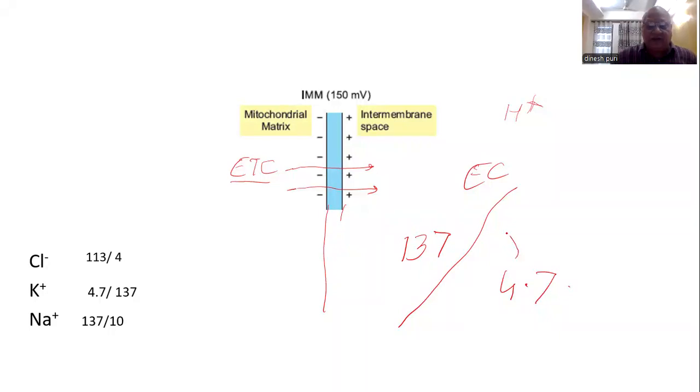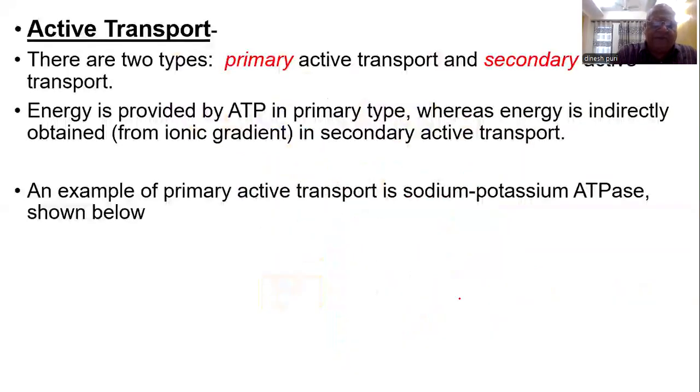So there is a movement of sodium outside. Potassium is the opposite. Oh, I'm sorry, 137, 10. Intracellular concentration is very high, extracellular is low. So to maintain this gradient, it has to be pumped inside. Chloride also you can see.